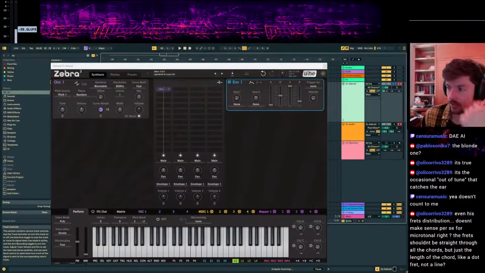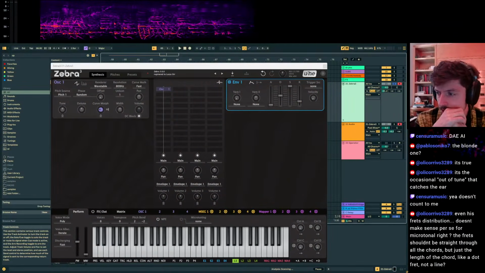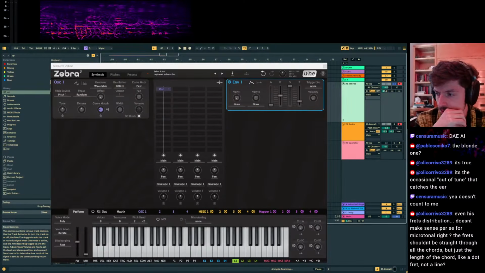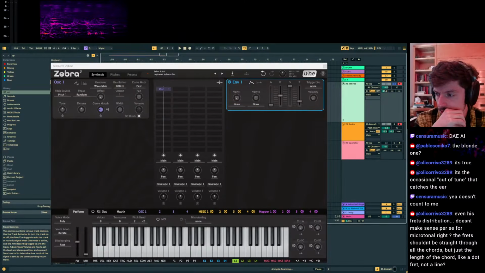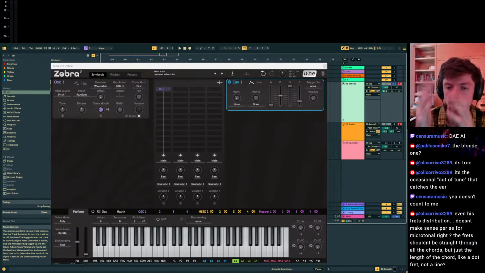Okay, I am back. Even his fret distribution doesn't make sense per se for microtonal, right? The frets shouldn't be straight through all the chords. I think you just pretty much put a fret in between. You take a 12 EDO guitar and you evenly put another fret in between all the other frets, right?